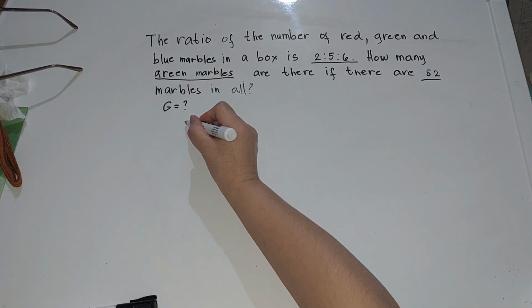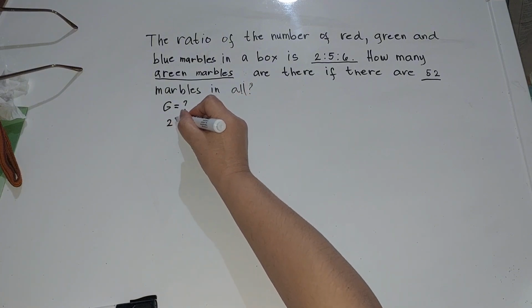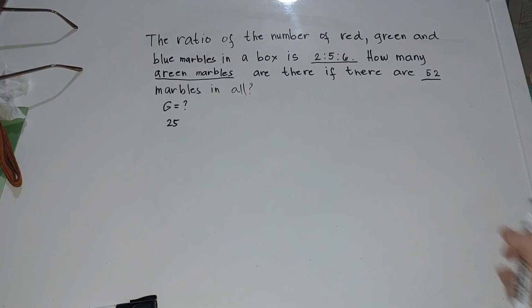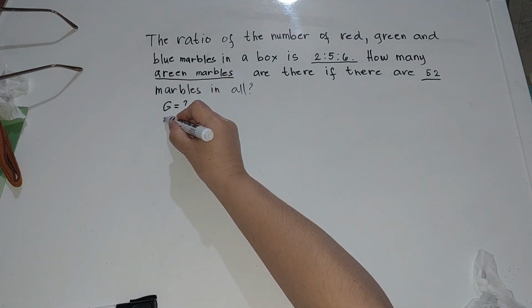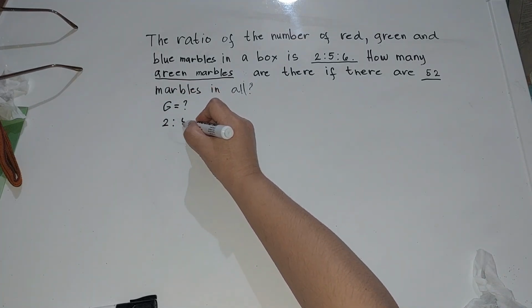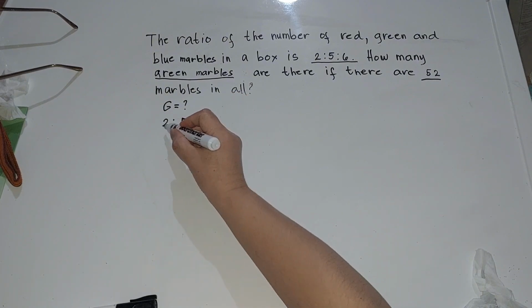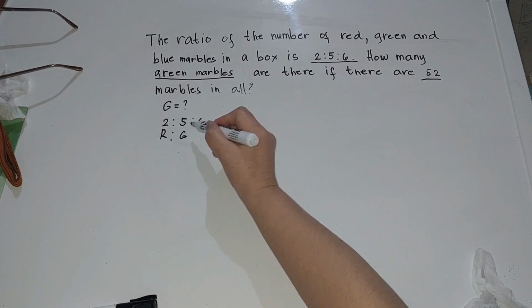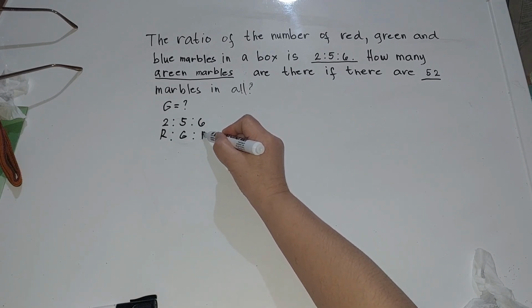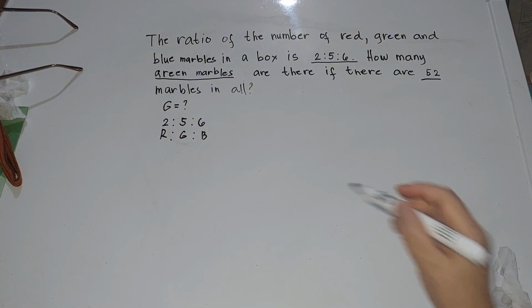The ratio is 2:5:6. This is the ratio of red is to green is to blue marbles. We will equate the equations.